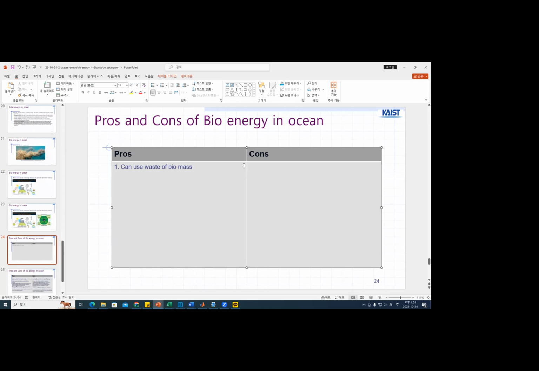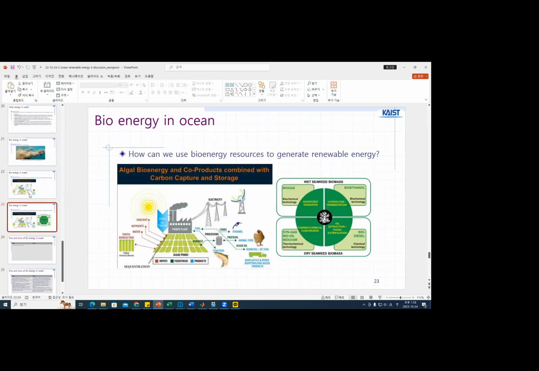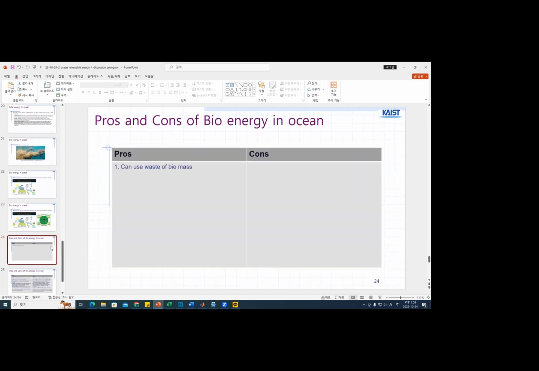And can you tell me the cons? I can give you the hint. If we do not control the algae, what happens in the ocean if there is too much algae?